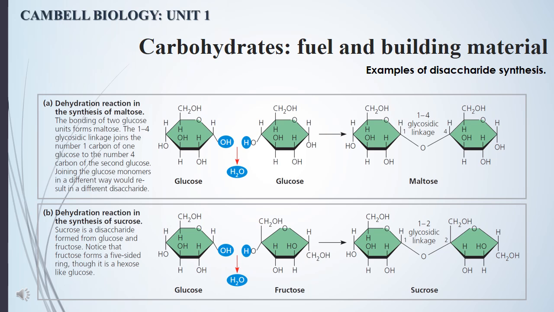Maltose is basically a joining of 2 glucose molecules. So 2 glucose molecules are joined together at carbon 1 and 4 by forming a glycosidic linkage. And glycosidic linkage is basically a carbon-oxygen-carbon linkage. Okay? And we have a functional maltose molecule.